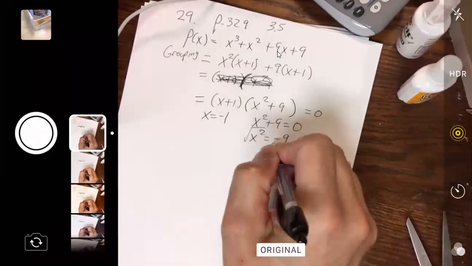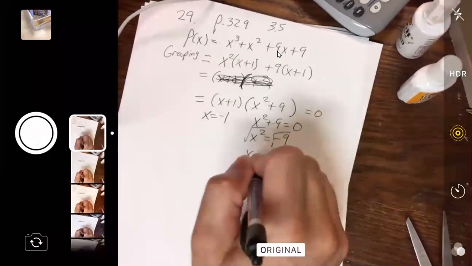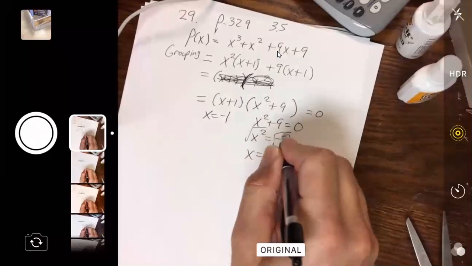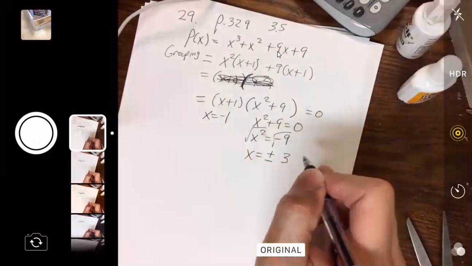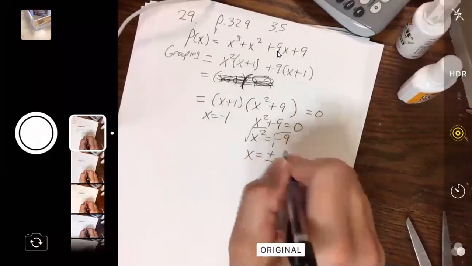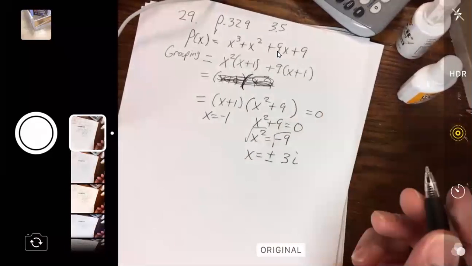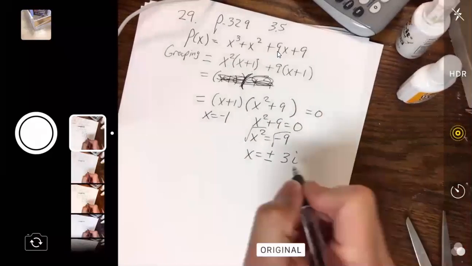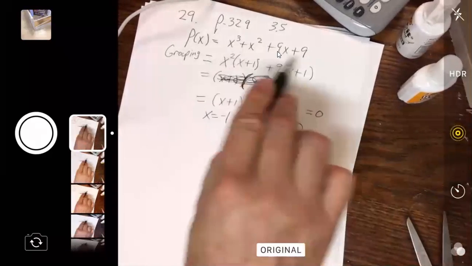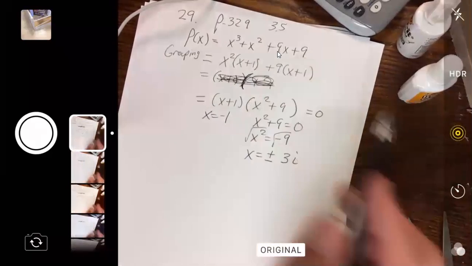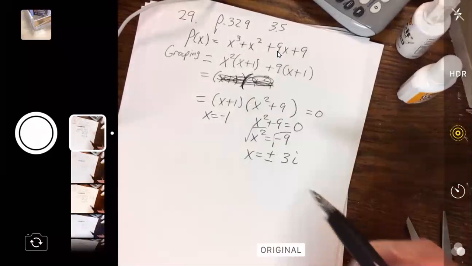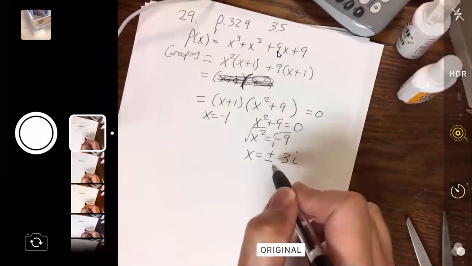When you take a square root, you get a plus and minus. Root 9 is 3, and that negative inside gives you an i. So you will not find that on the list of all possible zeros. But there are your 3 zeros.